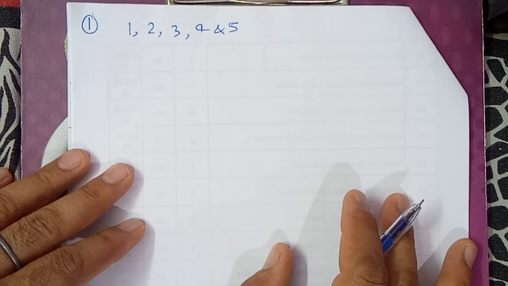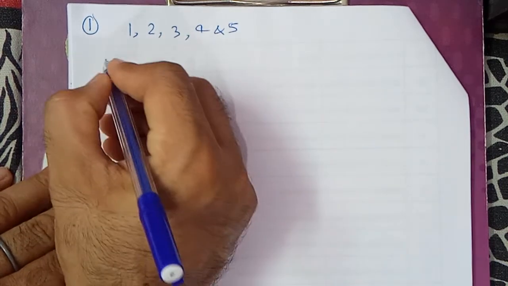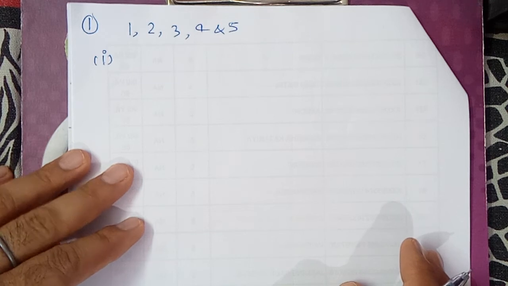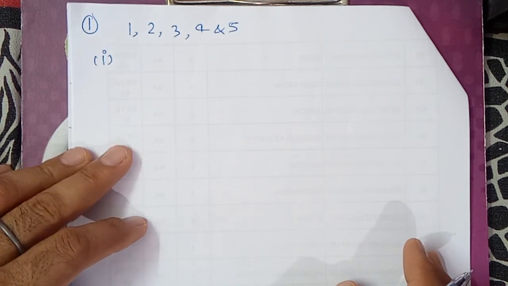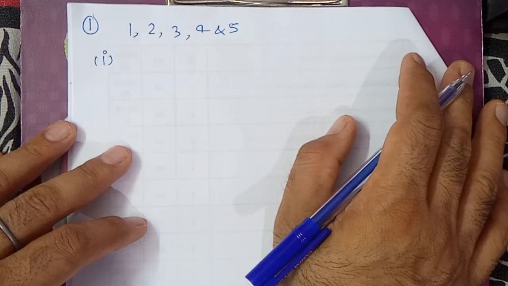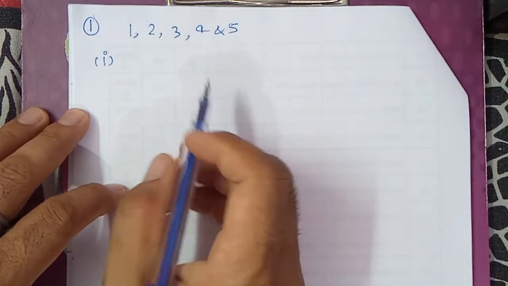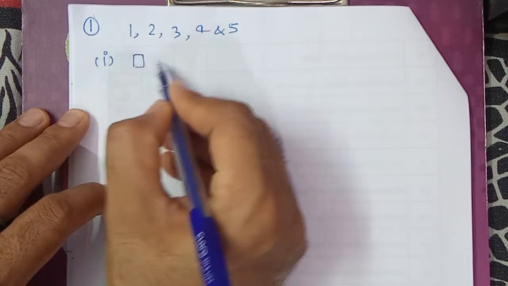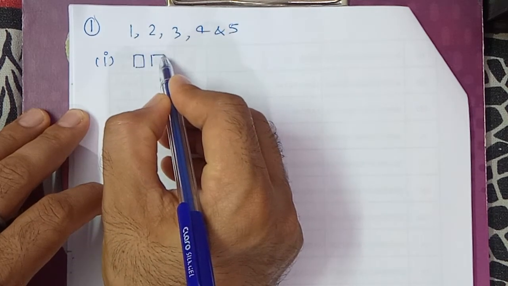Total available digits: 5. Assuming that, first part, repetition of digits is allowed. If repetition is allowed, how many 3-digit numbers can be made using these 5 digits? It means you are to make 3-digit numbers.